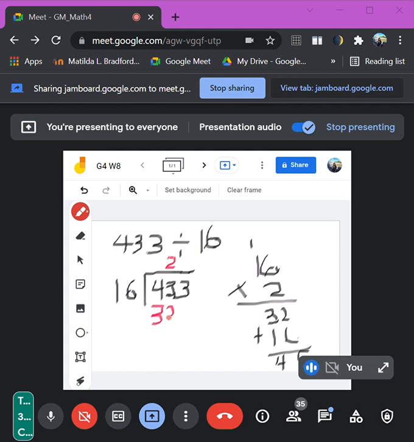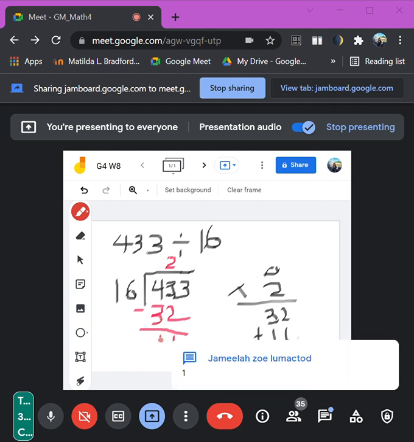And then what operation is next, class? Subtract. Okay, very good. So we subtract 43 minus 32. 3 minus 2 is 1. 4 minus 3 is 1. So 11.